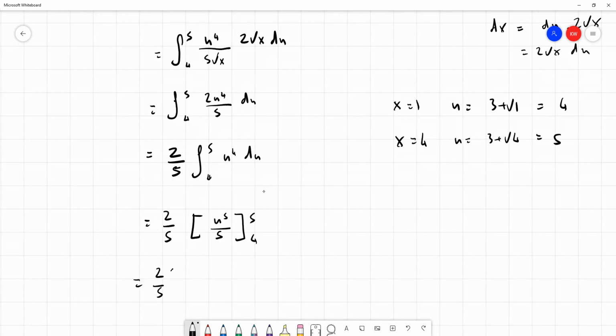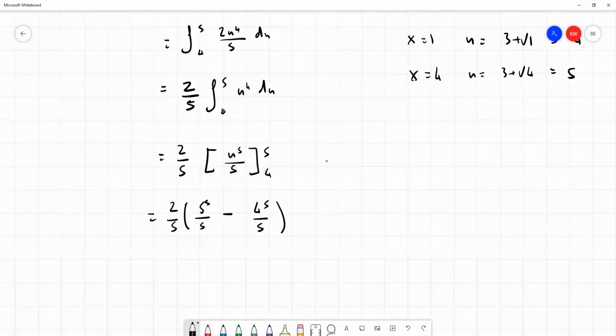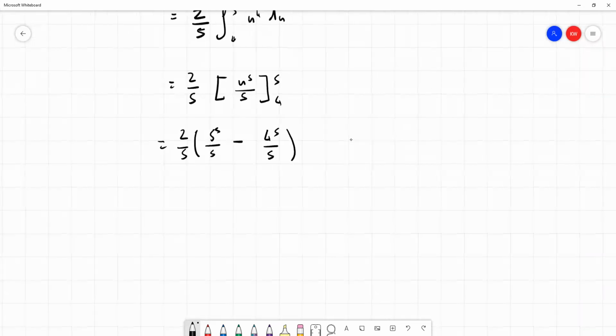That's going to be 2/5 of 5 to the power 5 divided by 5 minus 4 to the power 5 divided by 5. And we can tidy this up a little bit more, because we can take out that common factor of 5 as well. So we're going to have 2 over 25 here, and that'll be 5 to the power 5 minus 4 to the power 5, and I'll just put that into the calculator.